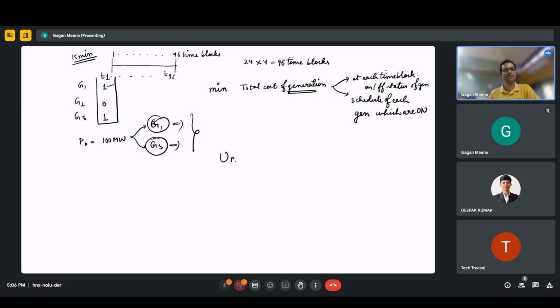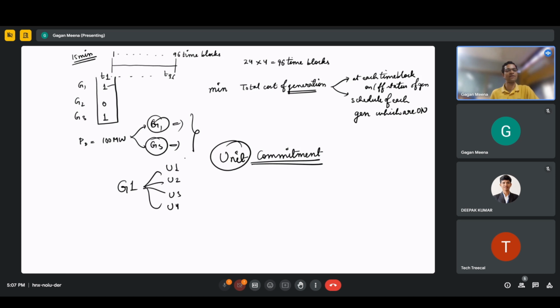That is why it is called unit. Let's say one generating station can have a number of units, unit 1, 2, 3. Overall capacity, let's say, is 1000 megawatts, and each generator is of 250 megawatts.